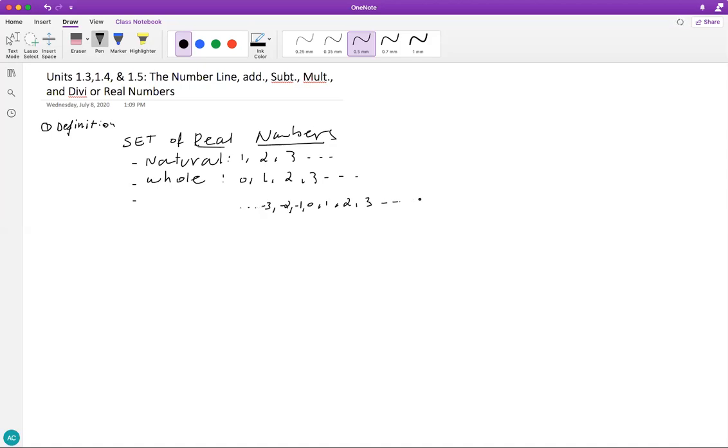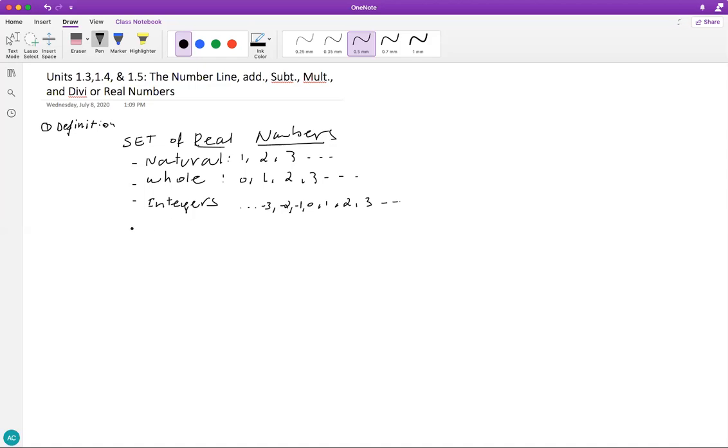So these go towards positive infinity, and these go towards negative infinity. It gets smaller and smaller and smaller. Okay, so this is what we call integers. Integers include all these in addition to the negative numbers.